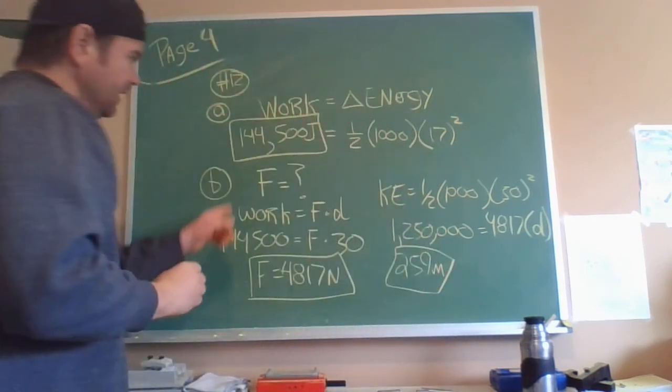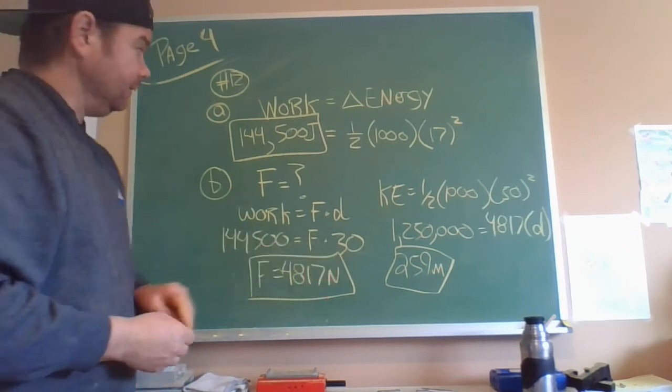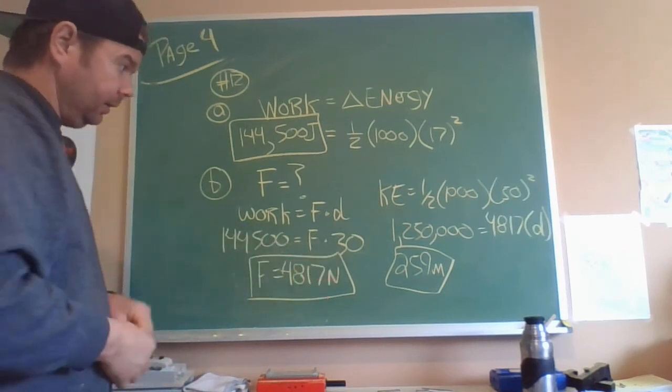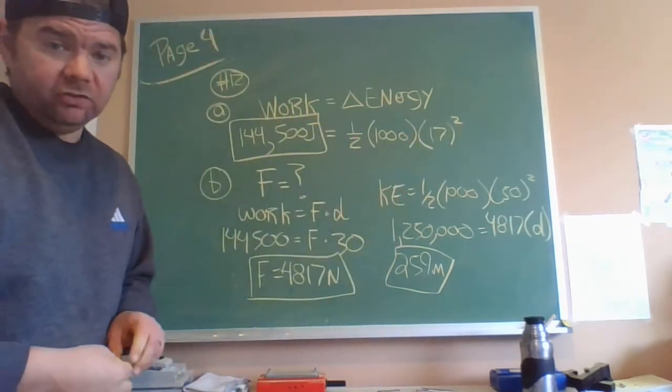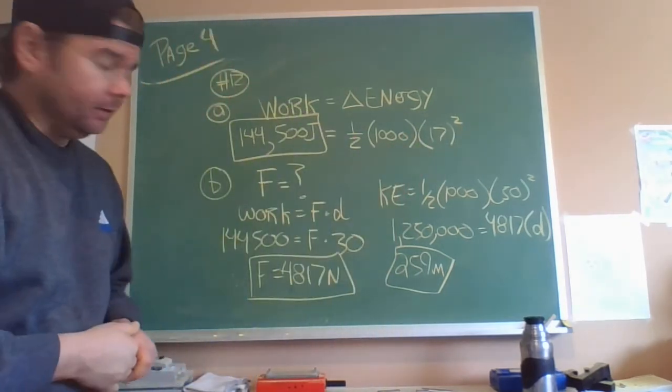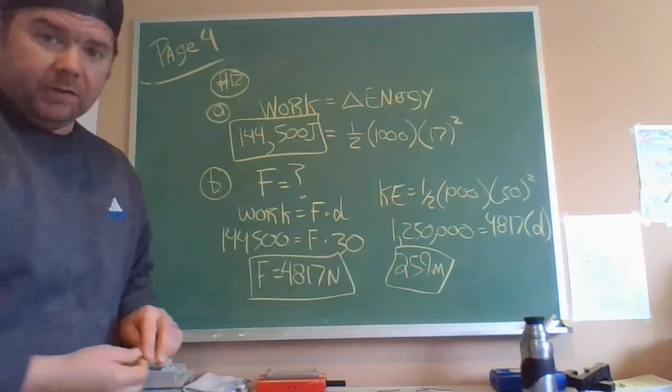So it's quite a bit farther than the 30 that it took to get it to stop when it was moving 17 meters per second. That's just how much of an impact a change in velocity has on stopping distance. The answer to part B, 259 meters.